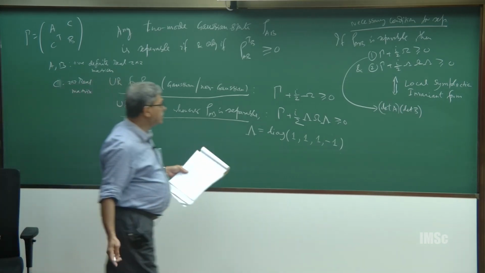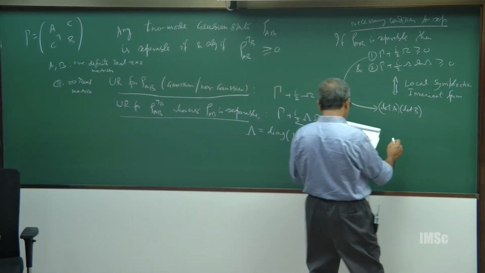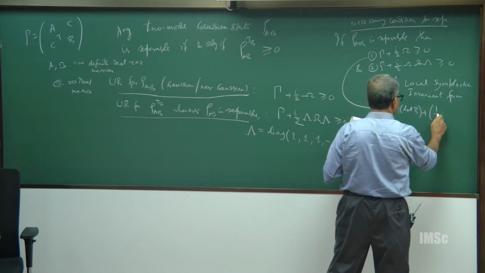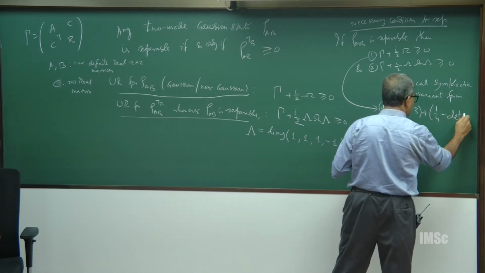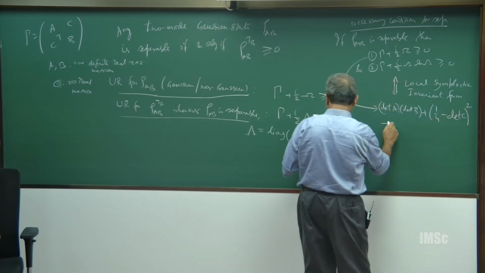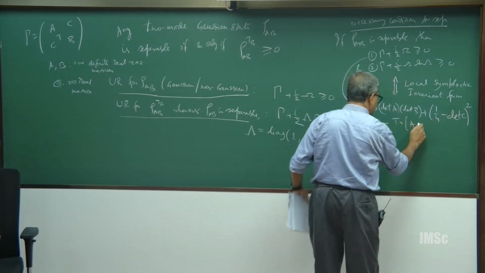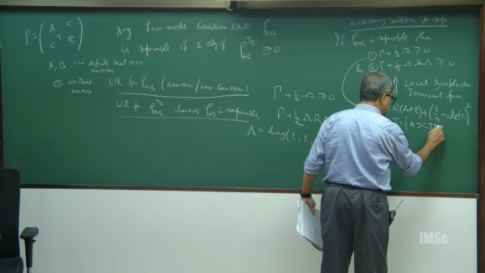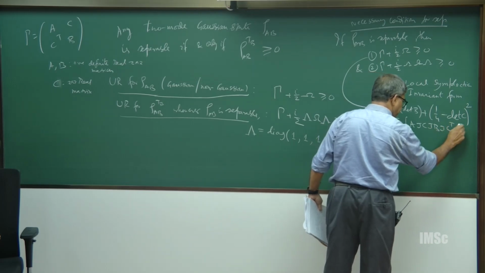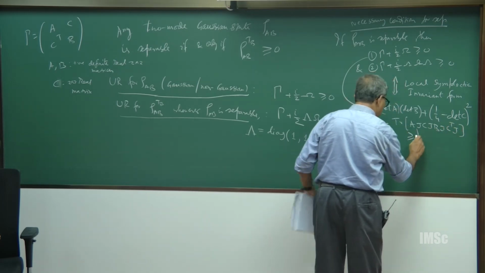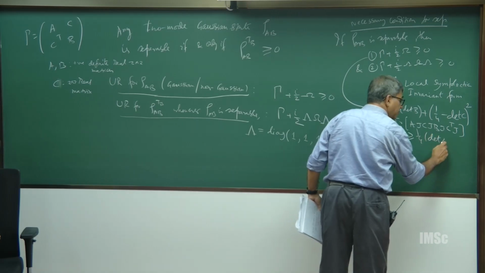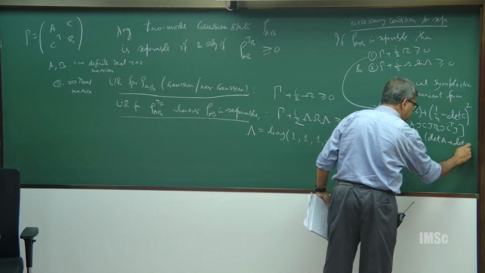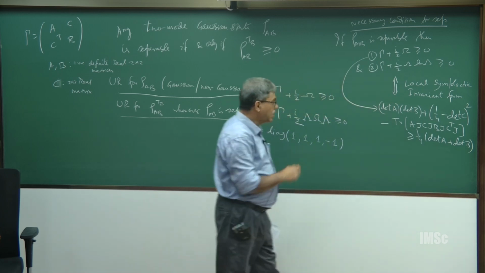So, this is the expression: determinant of A plus determinant of B plus 1 by 4 minus determinant of C square minus trace of A J, C J, B J, C transpose J greater than or equal to 1 by 4 determinant of A plus determinant of B, right.